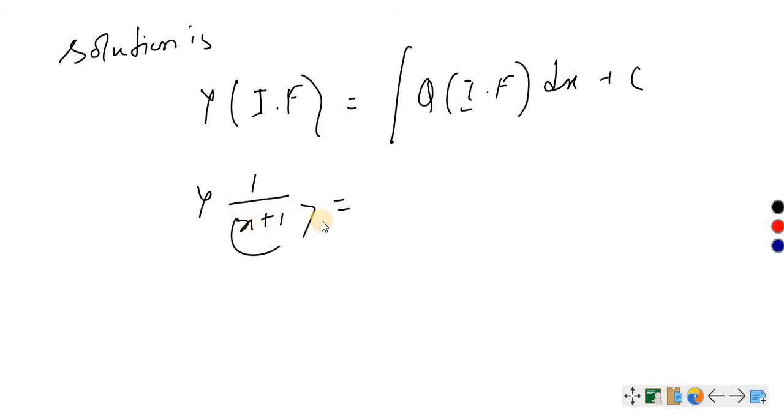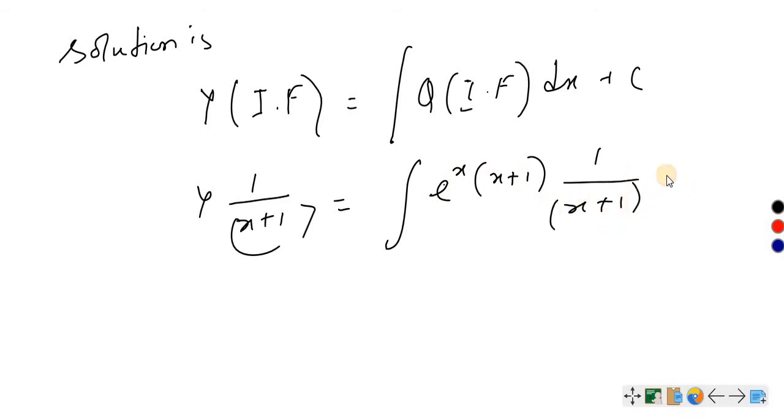This is equal to integration, what was q? e to the power x into (x plus 1), into 1 by x plus 1 dx plus c. So here if you see, this and this will cancel out and we will be left with integration of e to the power x dx plus c.